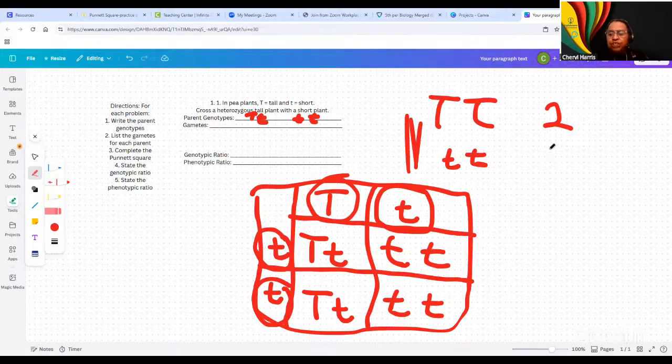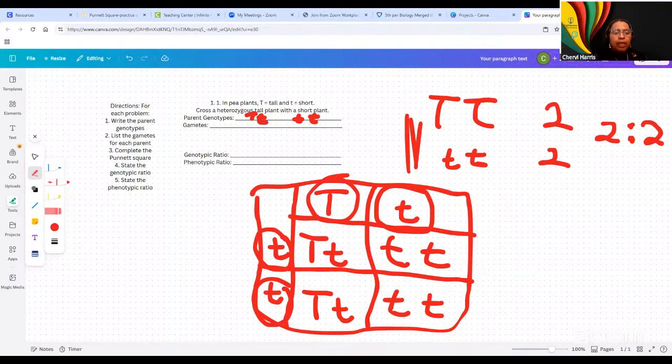That's your genotype ratio, 2 to 2. You know how to write a ratio, you've done math. You always express ratios like that, 2 to 2. Everything has to add up to 4, because we've got 4 boxes, 4 gametes, 4 possibilities.